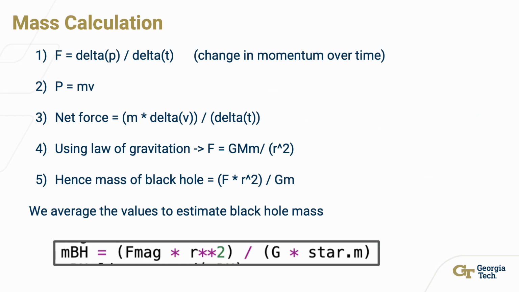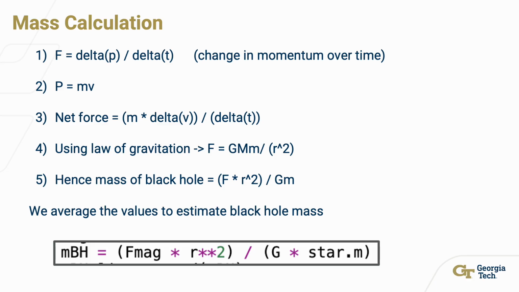We calculated the mass of the black hole in the following way. First, we know that force is equal to delta P divided by delta T, which basically means the change in momentum over time. Momentum is equal to mass times velocity, and hence the net force can be written as mass times change in velocity over change in time.